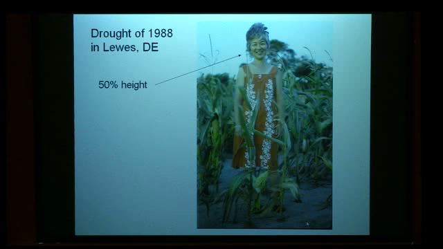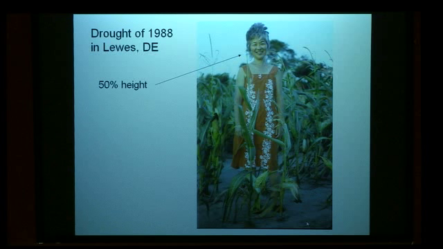This lady is about 1.5 meters tall, or about half the height of a maize crop that has been supplied with water, and this is a characteristic of drought in our area, which occurs with these kinds of effects about 1 year out of every 2.